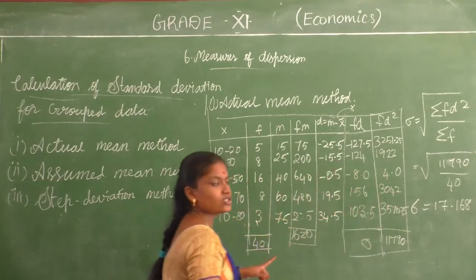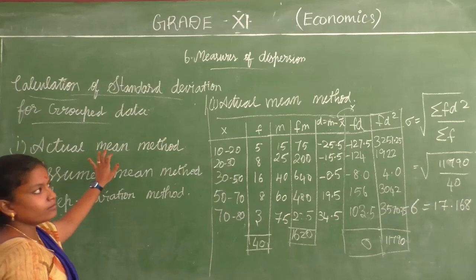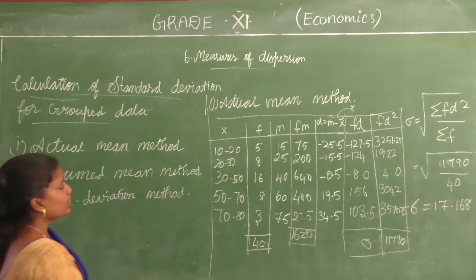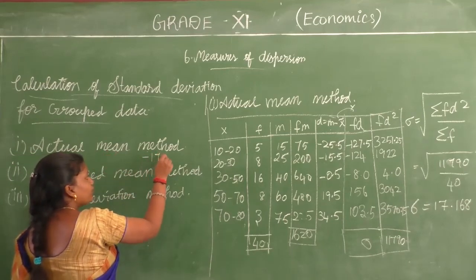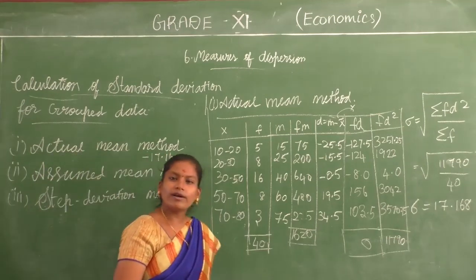Sigma. That's your standard deviation according to the actual mean method, which is going to be 70.168.